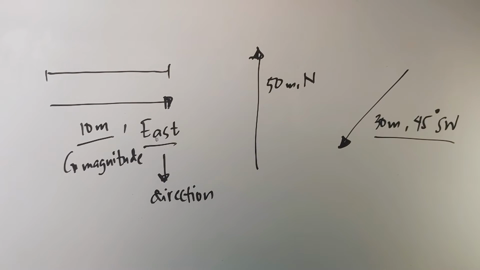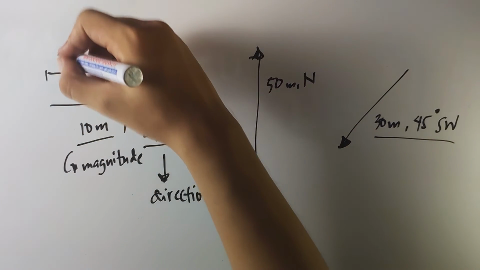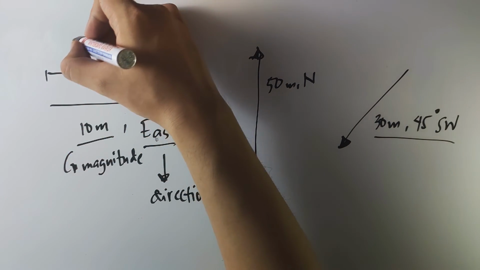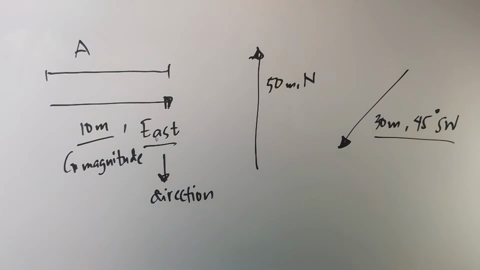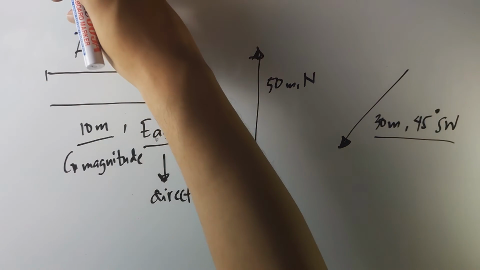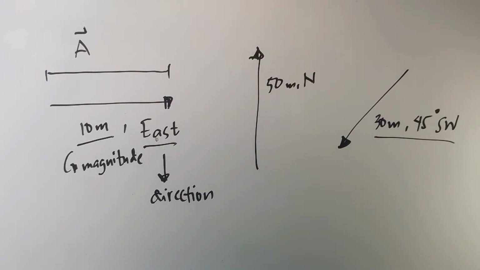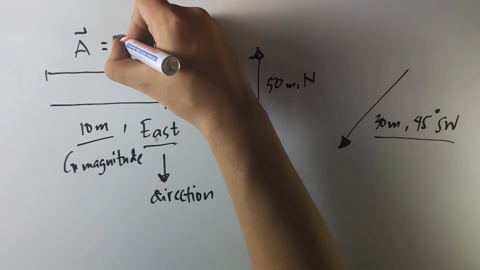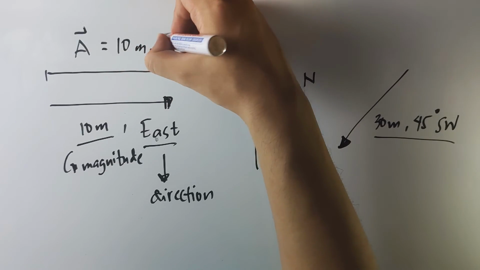Next one would be the variables. We represent vectors in variable form as letters, of course. So let's say this is vector A. We place a small arrow on top of it to represent that it's a vector. So the magnitude is 10 meters east.